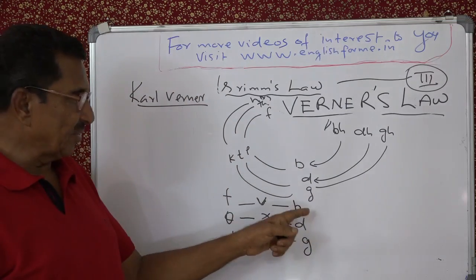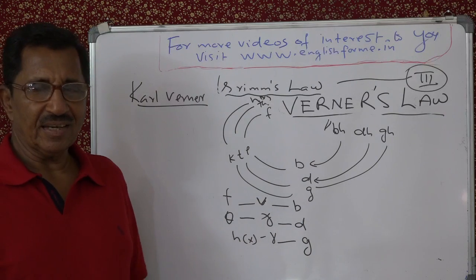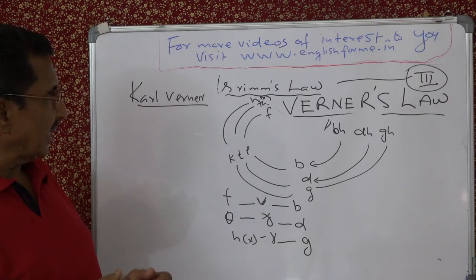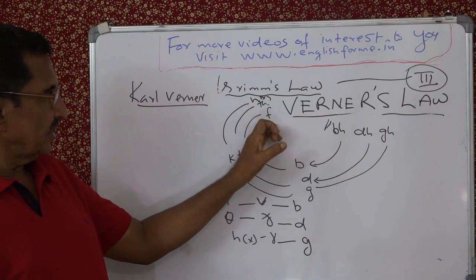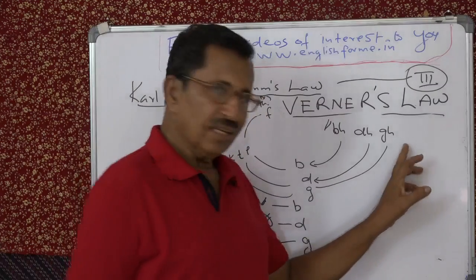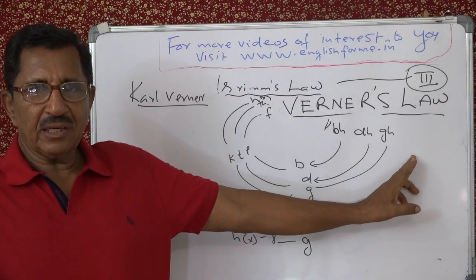See this, up to this. So this is another development. You understand that? Grimm could only see up to this level. That is f, th, and h. Fricatives. That is voiced, aspirated plosives.